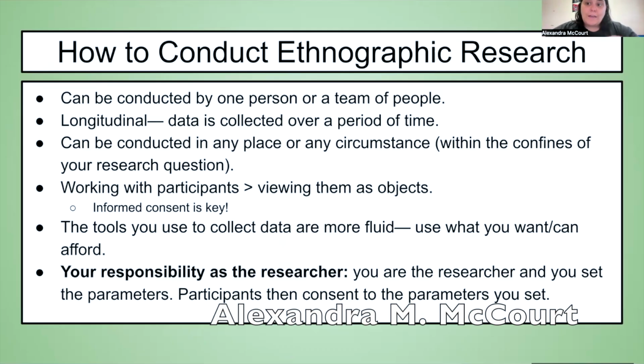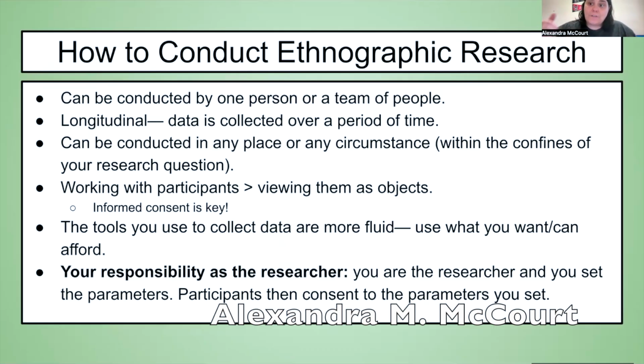It's important to know that ethnography prioritizes working with participants versus viewing them as objects. That's why I keep saying the word participants. People who opt to participate in our research, they are not research objects. They are participants. They are participating with us. It's a partnership. And that's why this thing called informed consent is so important.